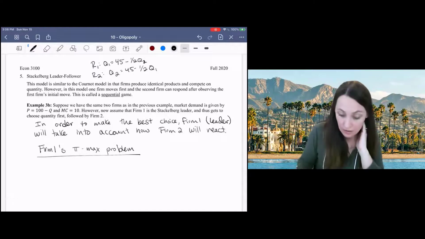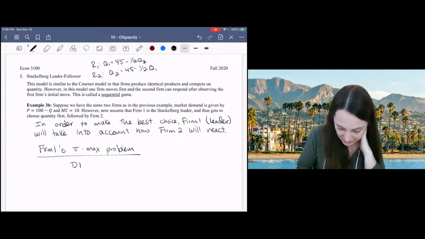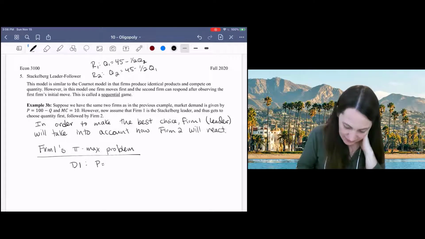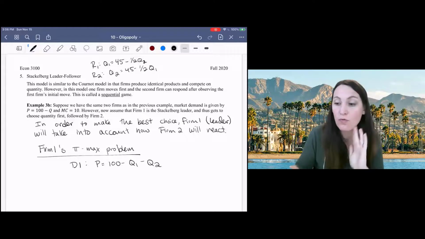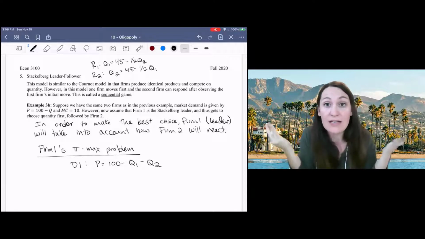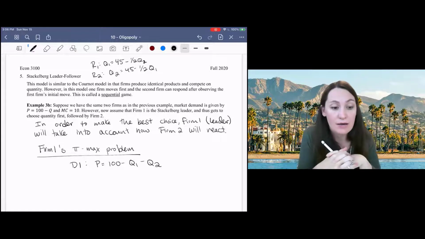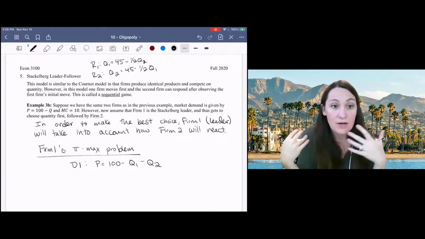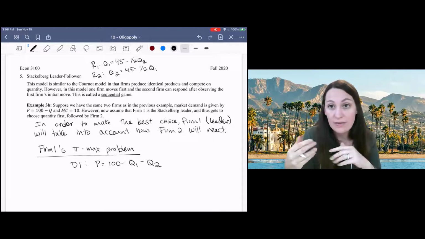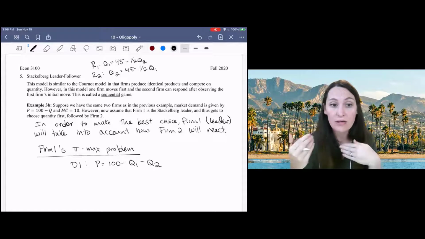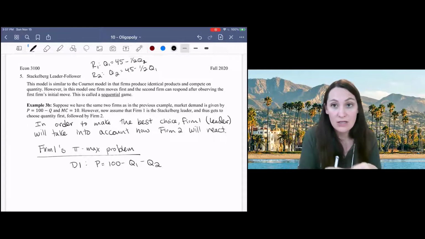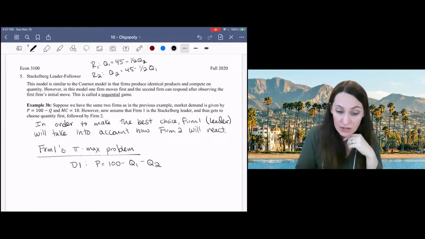If you recall, when we write out residual demand for firm one, we've got P equals 100 minus Q1 minus Q2. And before we just held Q2 constant, we didn't know what it was, so we left it alone. But now we do have some more information about Q2. We know that Q2 will be determined by firm two's reaction function.